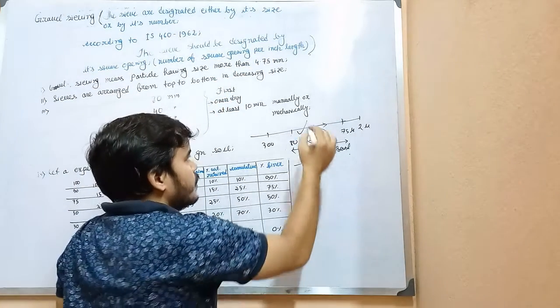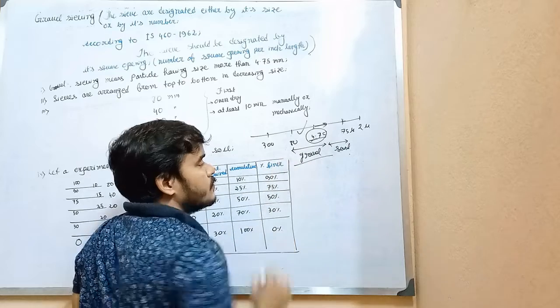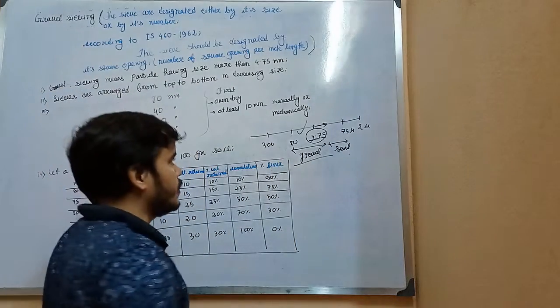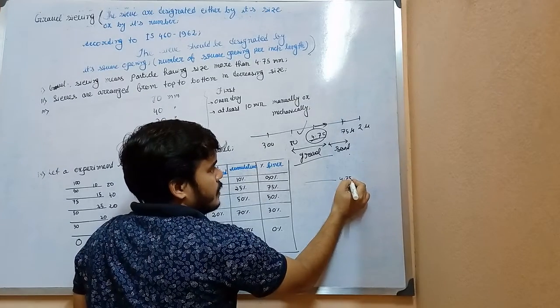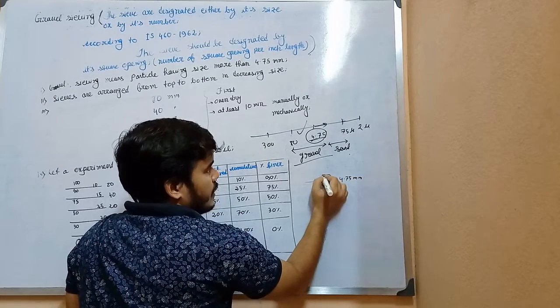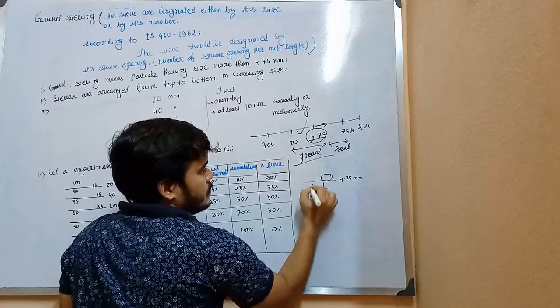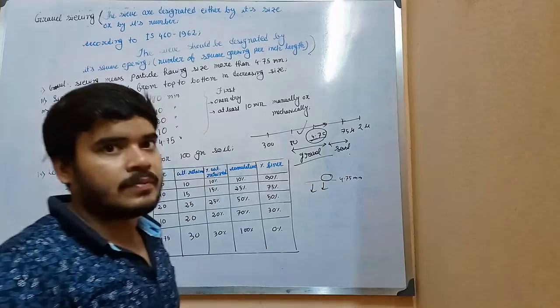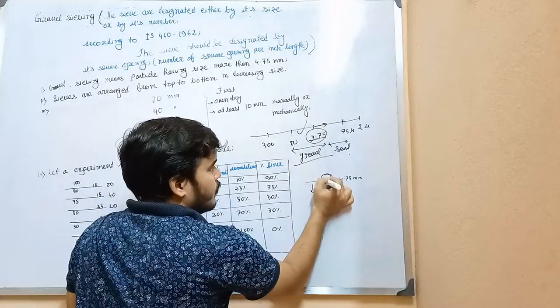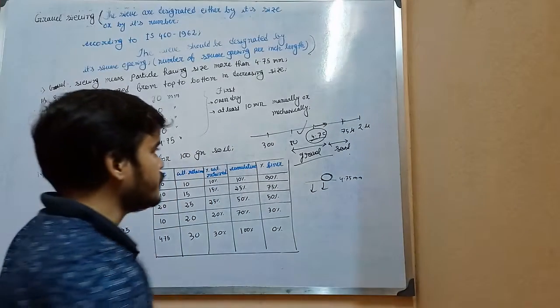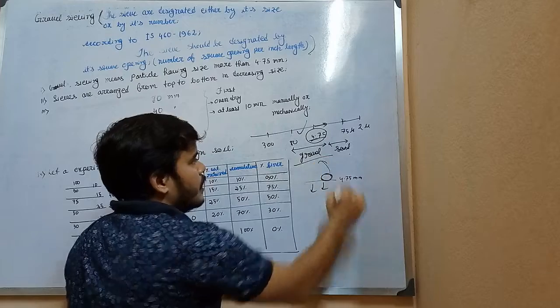That means the particles will not pass through the 4.75 millimeter sieve. They will be retained on the 4.75 millimeter sieve and will not pass through it. The particles retained at 4.75 millimeter are called gravel.